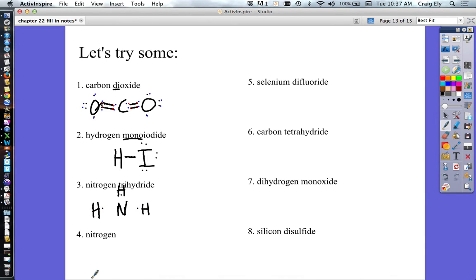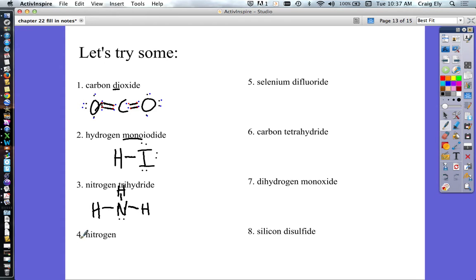Now nitrogen has 5, so I want to be able to show these bonds between the nitrogen and the hydrogen. So I'm going to do 1, 2, 3, and then 4, 5 for nitrogen. Put my lines here to show the bonds, and that's it. Okay, that's all it is.